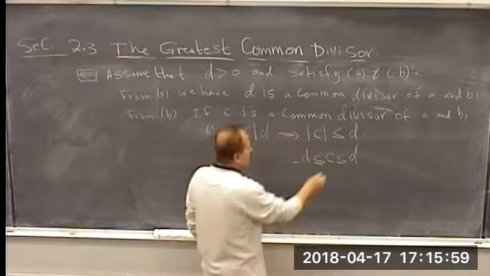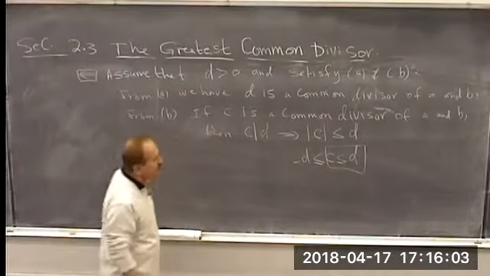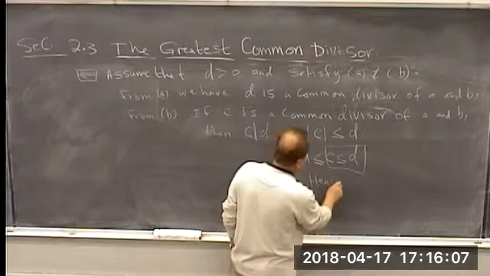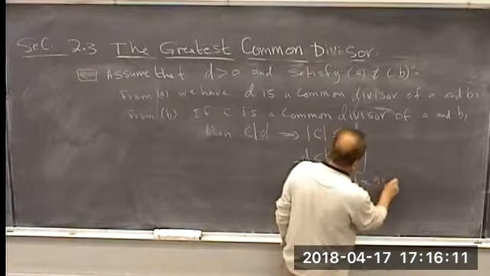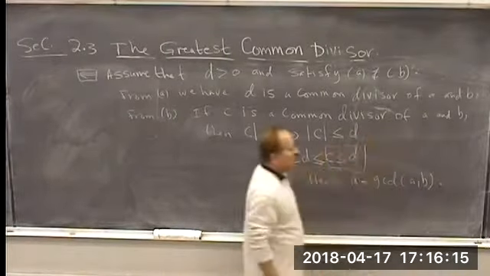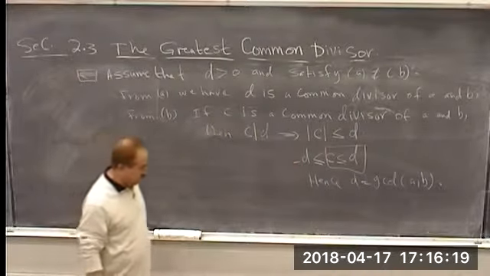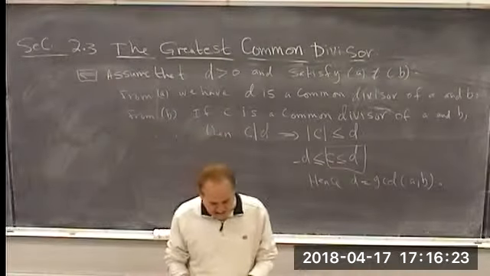So in particular, we do have C is less than or equal to D, and hence D is the greatest common divisor of A and B according to the definition, that it is the largest among all common divisors. And this will end the proof of this.